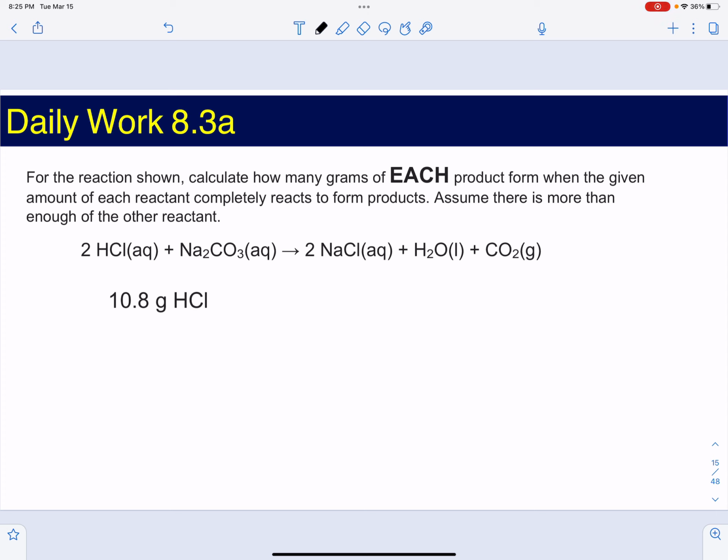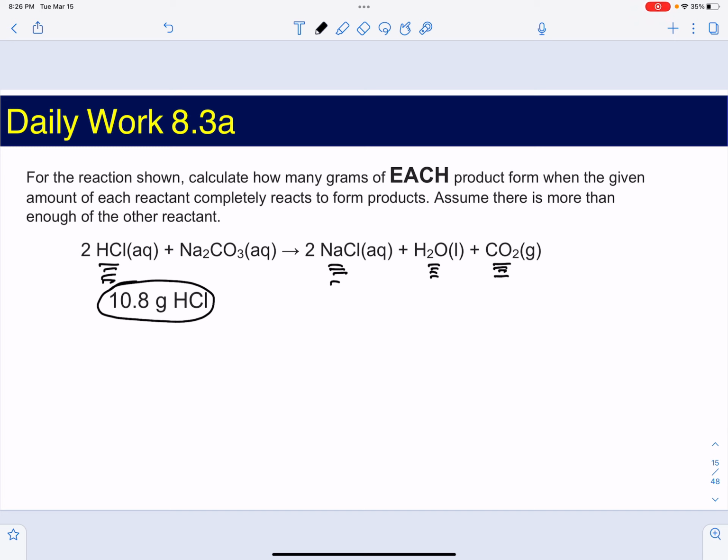So you should be able to approach this problem now. On this particular problem, I want you to find, based on 10.8 grams of hydrochloric acid, how much sodium chloride you can make, how much water you can make, and how much carbon dioxide you can make.